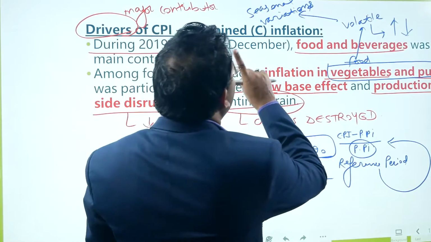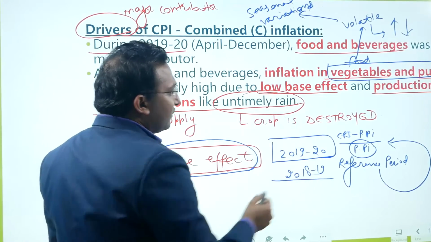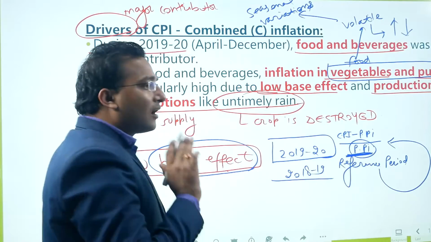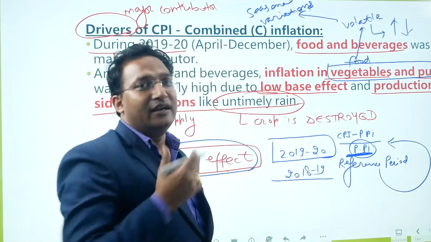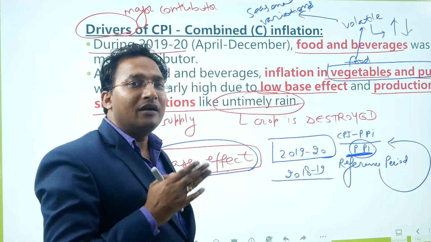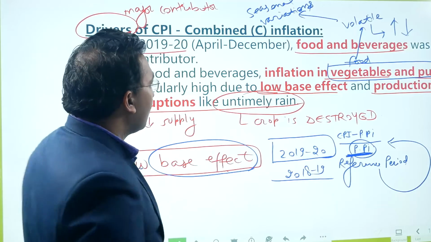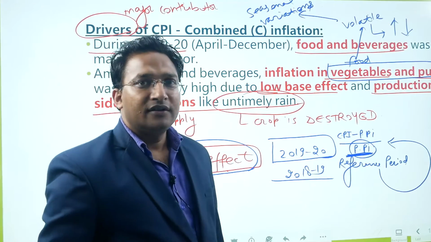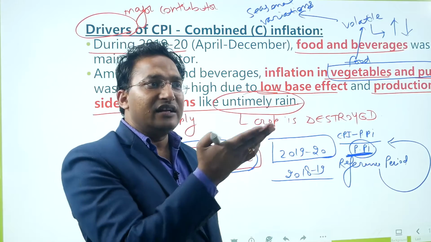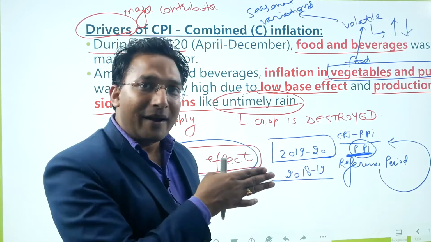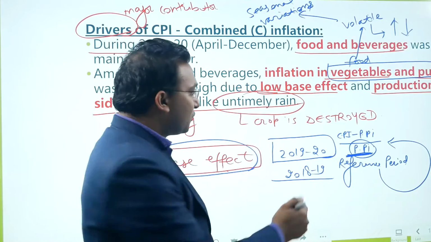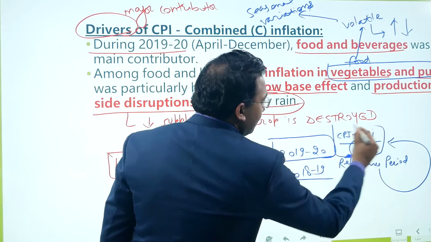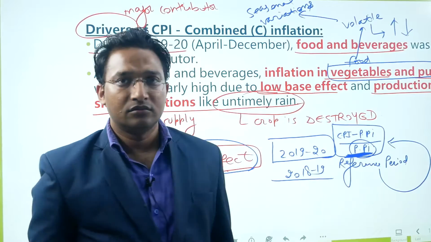Because of these sudden seasonal variations, the base of the previous year can come down suddenly or it can increase suddenly. For example, if during the previous year there is untimely rain, the supply is reduced, the price is increased, and prices increase suddenly for a particular season. So this base will increase, and mathematically the rate of inflation will come down.